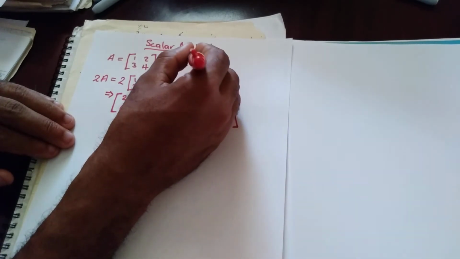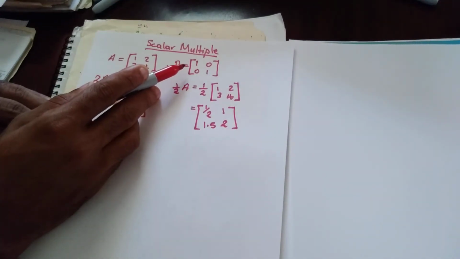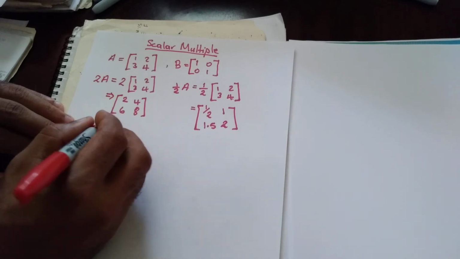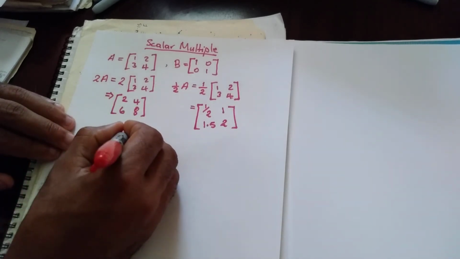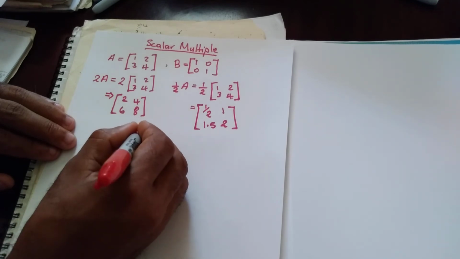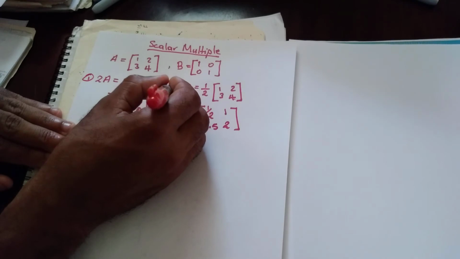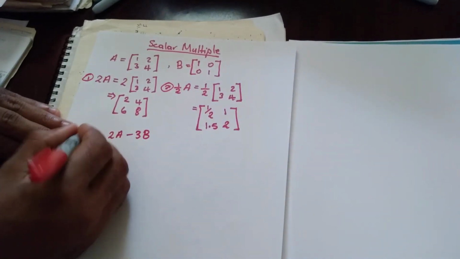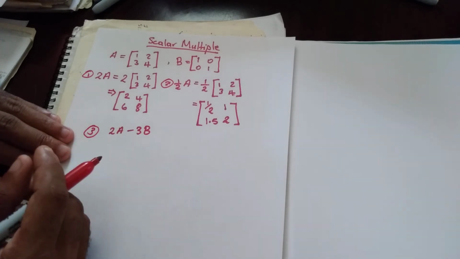If your memory serves you, you would remember that this is the identity matrix. So let's say we're going to find 2A minus 3B. So this was question 1, question 2, question 3. 2A minus 3B, that's what we're solving for.